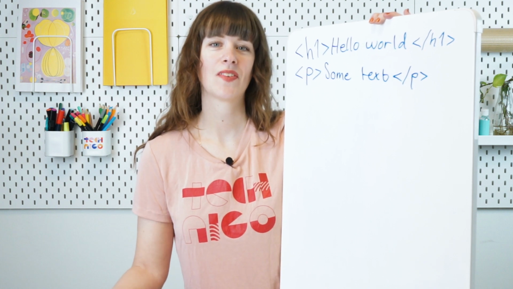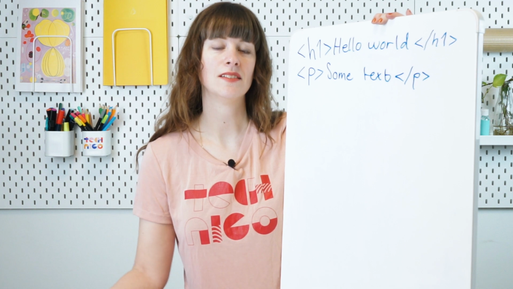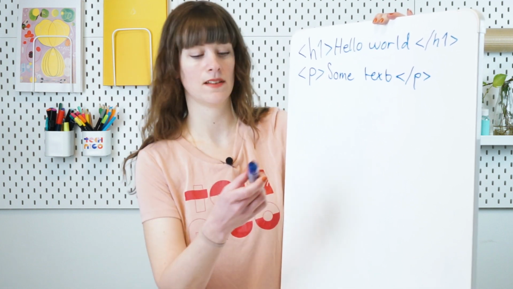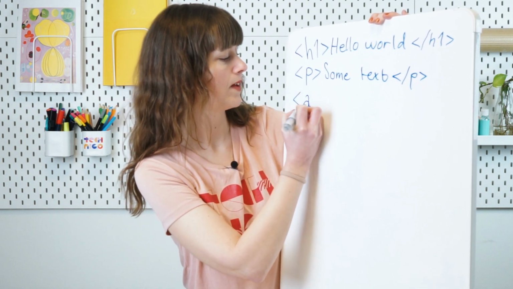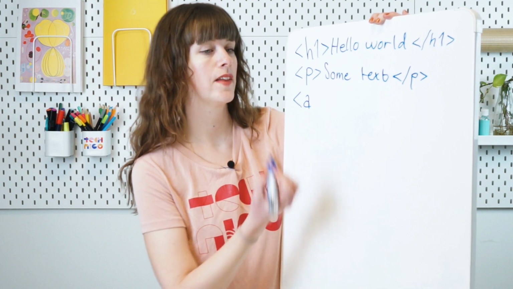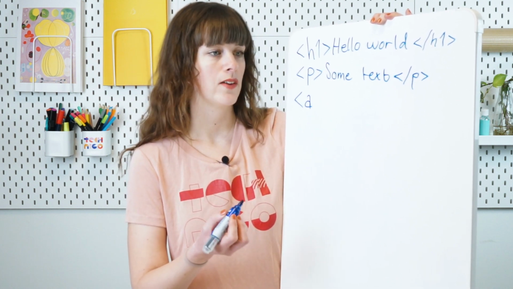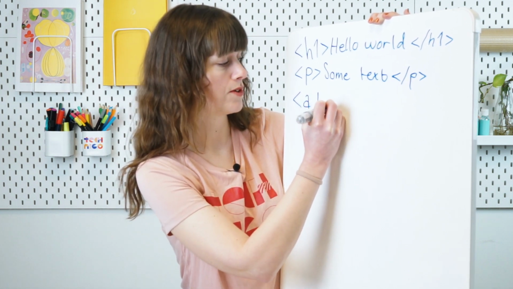Okay, what else? Links are very common on websites. So let's add a link. A link is called an anchor tag, and we write it like this. So A for anchor tag, and then to tell the browser where the link should go, we add an attribute called href for reference.